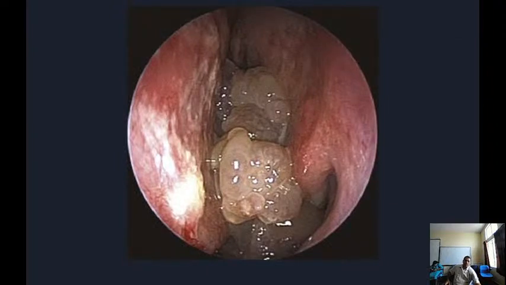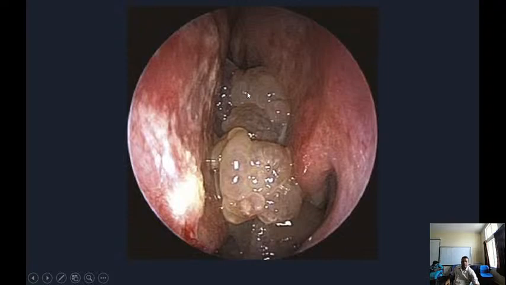Now this is how they look. This is the endoscopic picture of a left-sided nasal cavity with this tumor protruding into the nasal cavity, and that is the middle turbinate, the inferior turbinate, and this is where it is coming from.